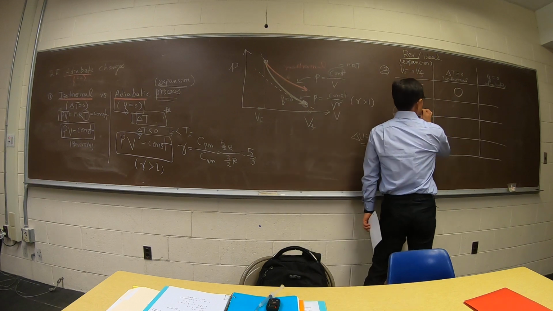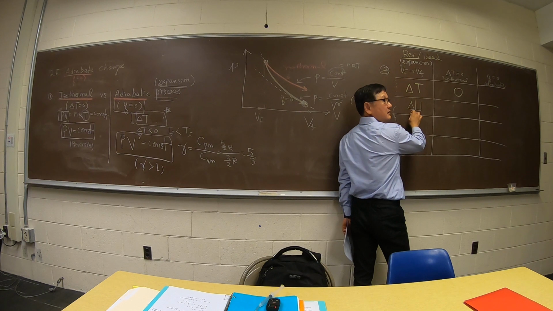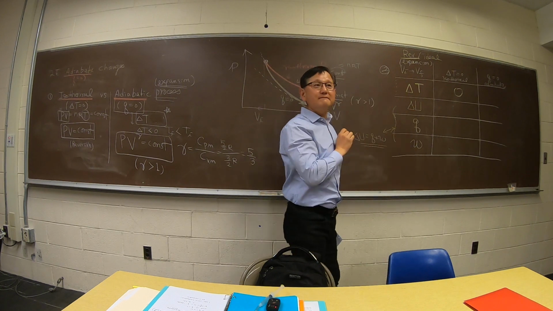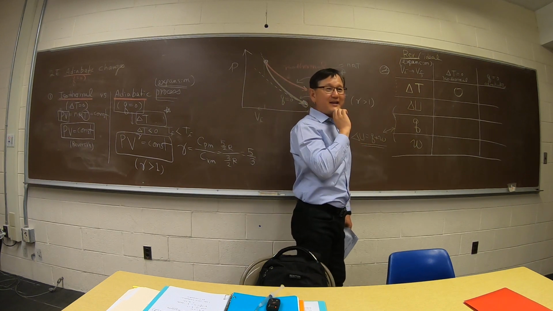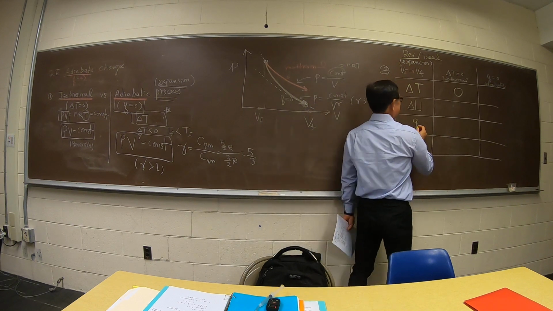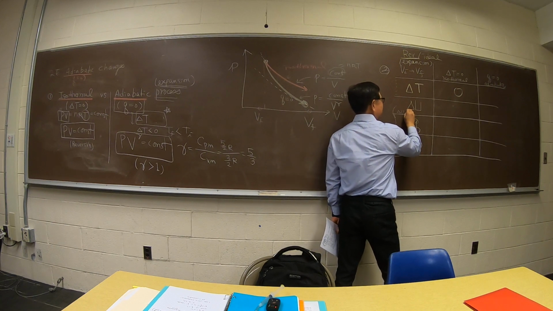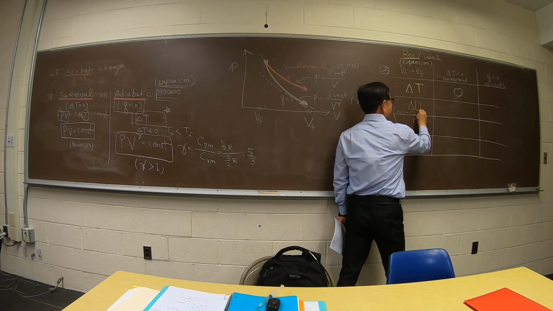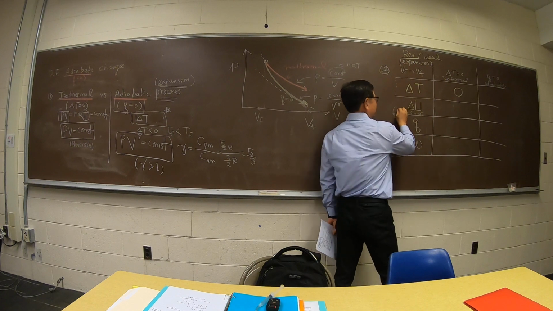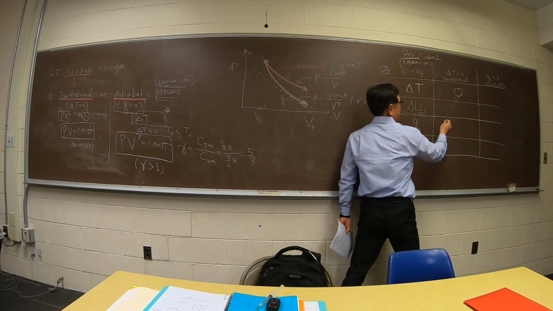So what is my delta U change? 0. Why? Because you didn't change temperature. That's right. Energy is based on the thermal. Not only that, if I say the ideal gas, can I say delta U is simply CV times delta T? Right? So whatever it is, because this is 0.